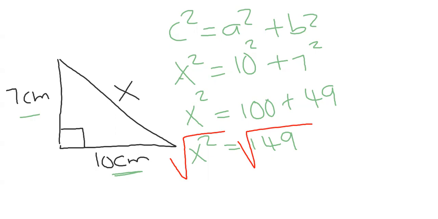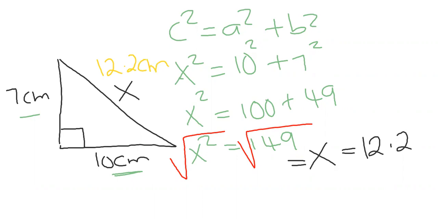The square root of X squared gives us X, and the square root of 149 is going to give us 12.2. So that means X is equal to 12.2 centimeters.